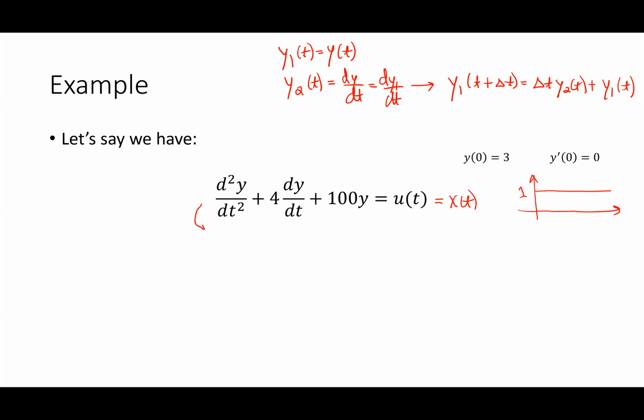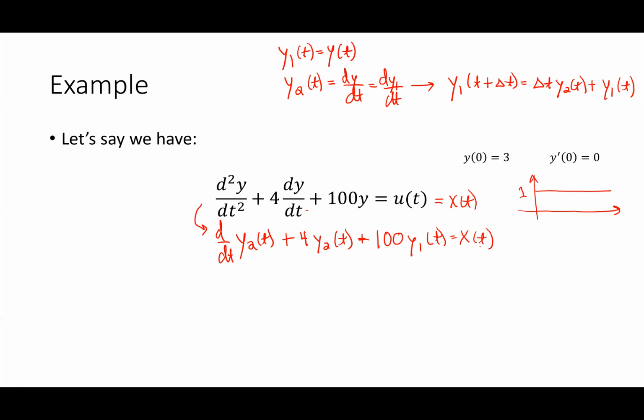Then we recognize that the second derivative here is the first derivative of the variable y2 of t, plus 4 times y2 of t, by recognizing that the derivative of y is y2, and that y is y1, so we say plus 100 y1. I'm going to call this x of t my input over here.